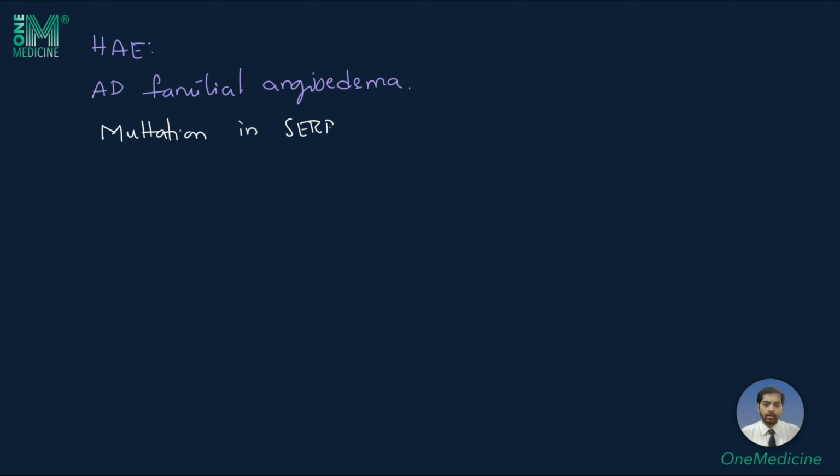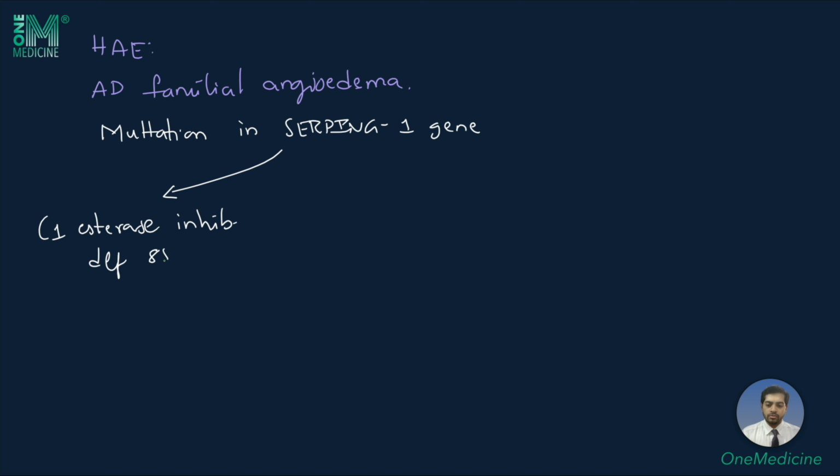Hereditary angioedema is an autosomal dominant familial angioedema disorder caused by mutation in the SERPING1 gene that leads to C1 esterase inhibitor deficiency in 85% of the cases, and these are called type 1 hereditary angioedema.